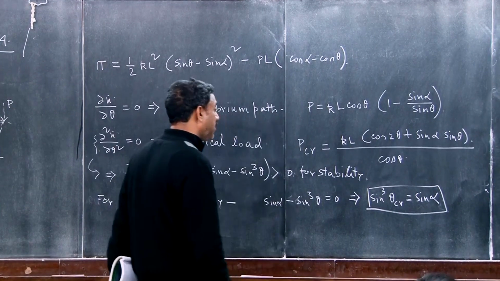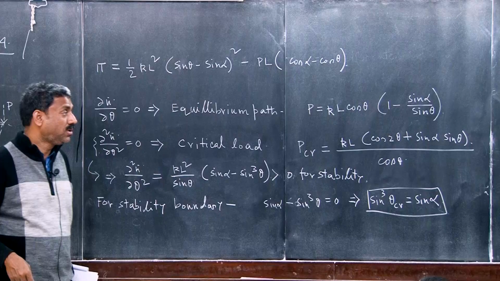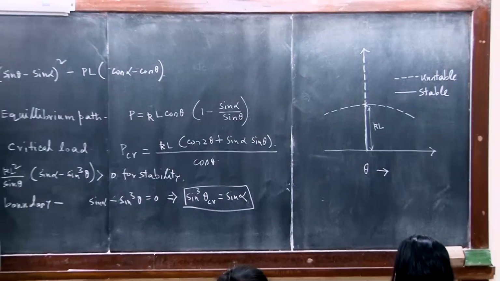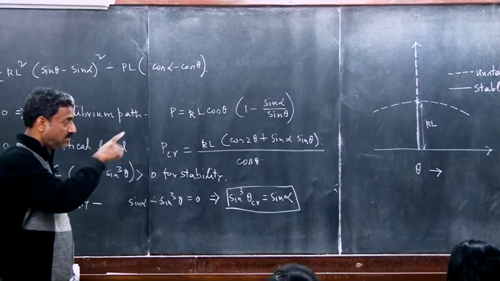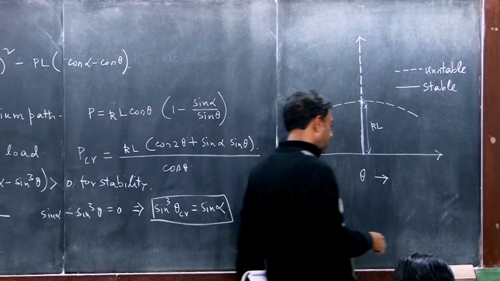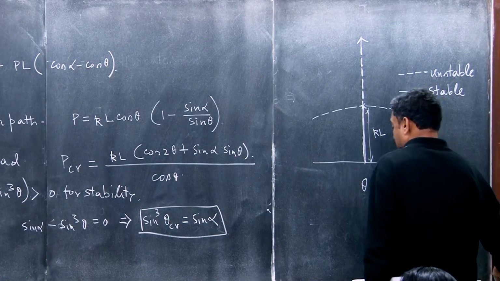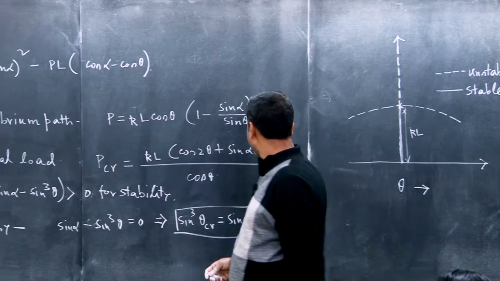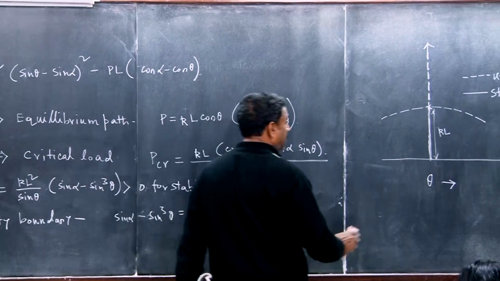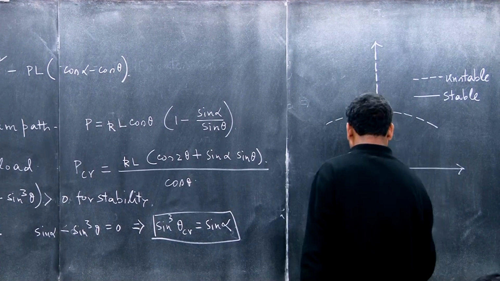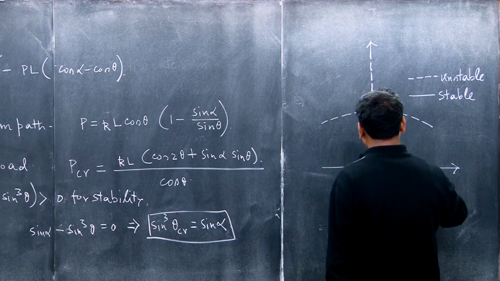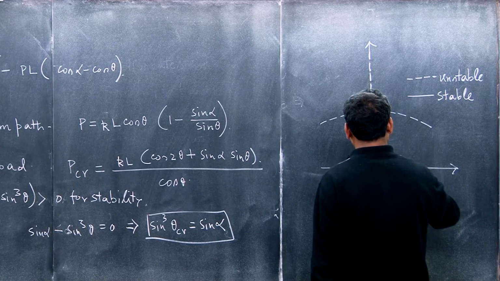Now, of course, how will you do the path? We will take different values of theta and we will take little imperfections and we will plot there. So, if you plot that, the way you have learned earlier, the imperfect system will be asymptotic to this. So, let me see how it will look like.